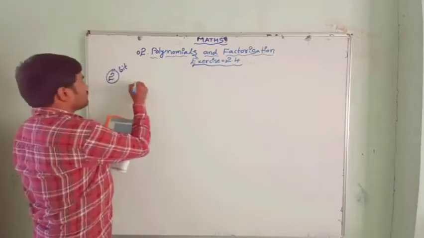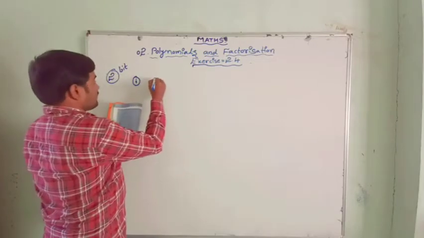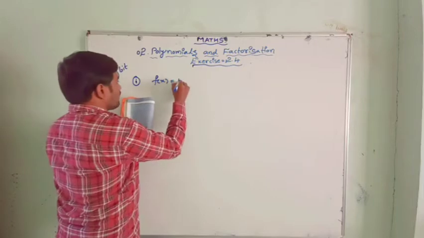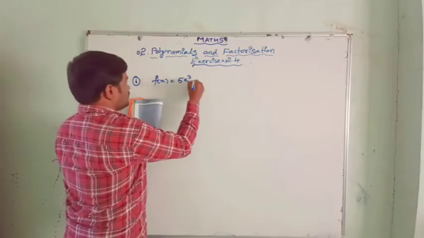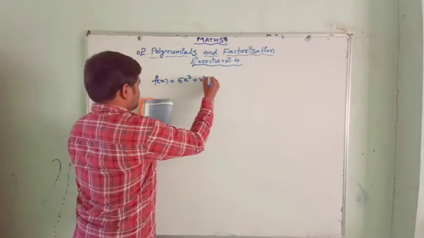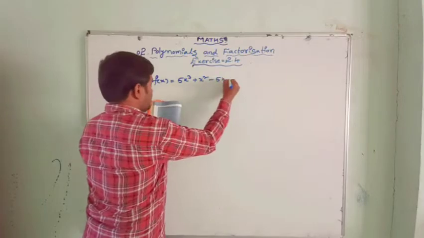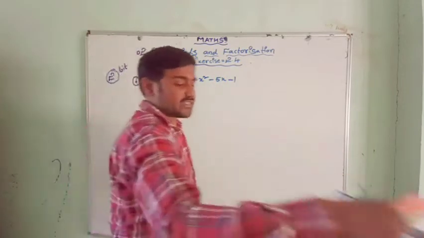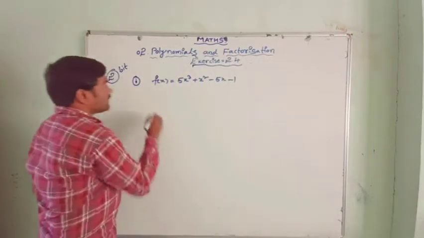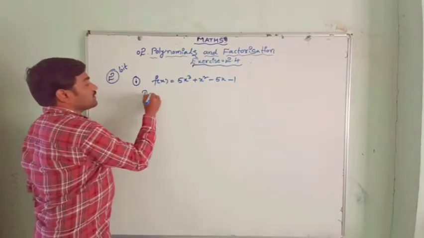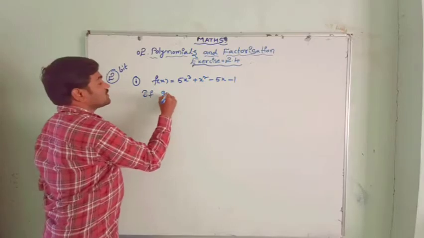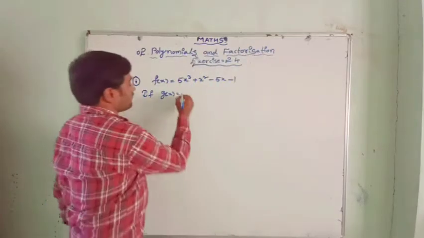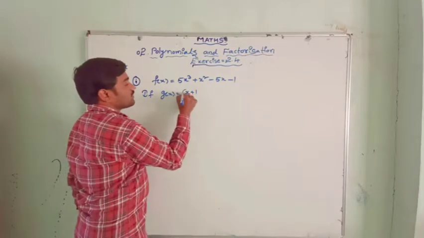Let us see the first one. Suppose f of x is equal to 5x cube plus x square minus 5x minus 1, and here they have given g of x equal to x plus 1.